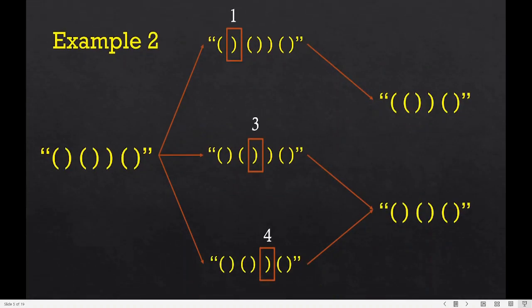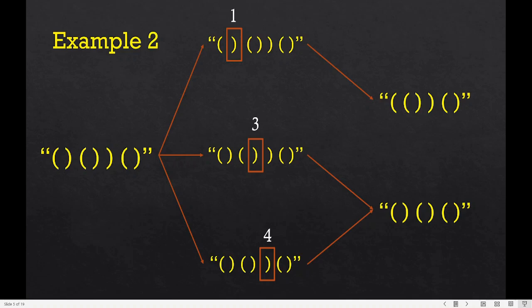Here our invalid expression is provided at the left side and the valid expressions that are obtained out of it are provided at the right side. One way is to remove just the first index parenthesis, so that we'll get solution one that is provided at the top right side.